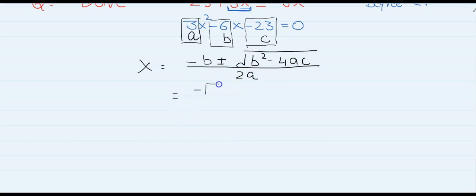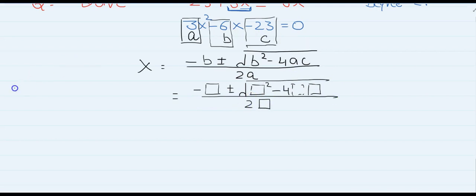Minus, I don't write b, plus minus square root of square minus 4, over 2. Now this will remain the standard thing.